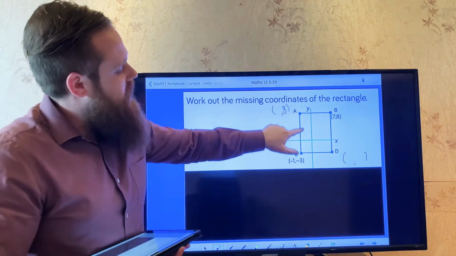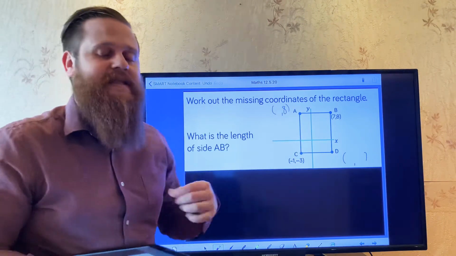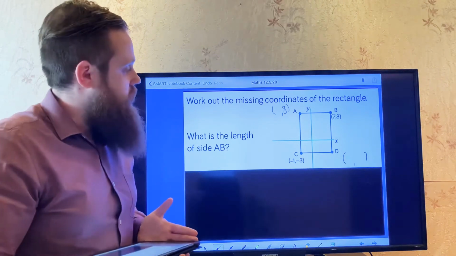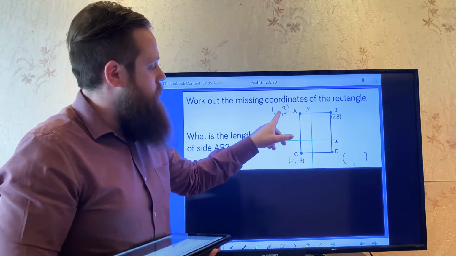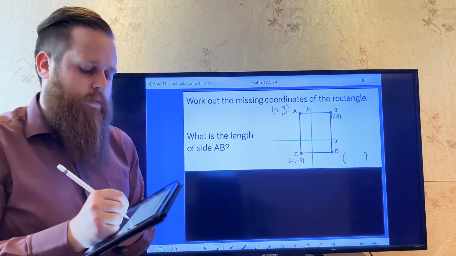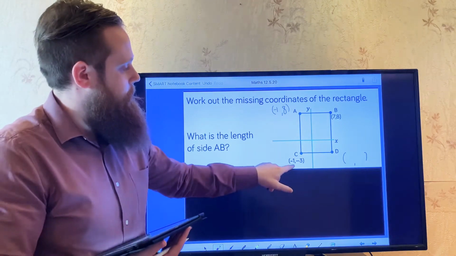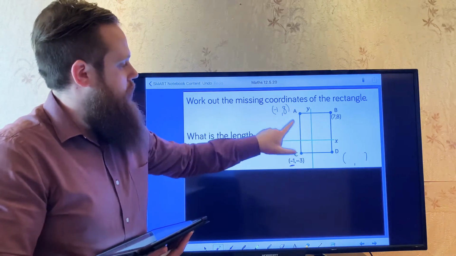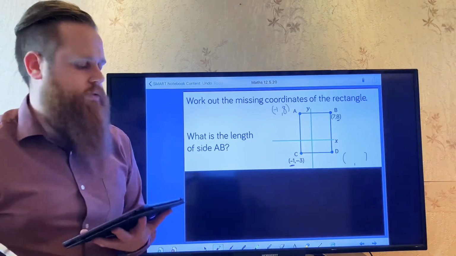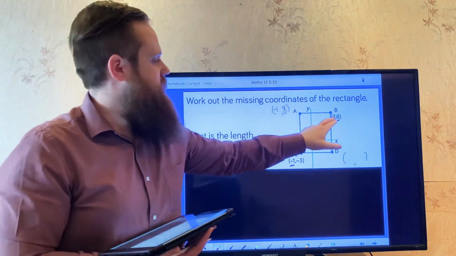Let's have a look at the line going down. Well, this goes through the x-axis at the same point. Well, hold on. That must mean that the x-coordinate is the same for this one and this one. So A is going to be minus 1 taken from there, and 8 taken from there. Minus 1, 8.